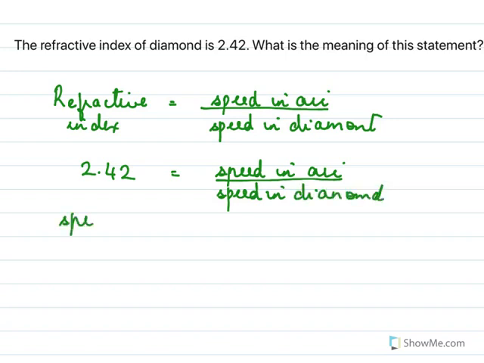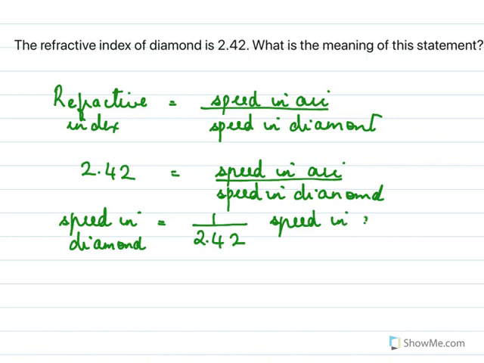So speed in diamond will be 1/2.42 speed in air. So we can say that speed in diamond is 2.42 times slower than the speed in air.